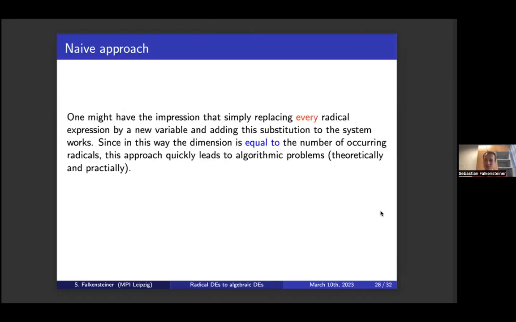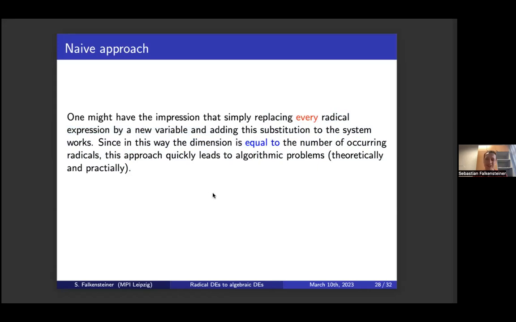Okay, so what I want to mention is, in this approach, it's not the case that you simply replace every radical expression by a new variable. So you want to find a minimal number of new variables you have to introduce for this substitution, basically. Why? The reason is the dimension would grow with every radical expression by 1.